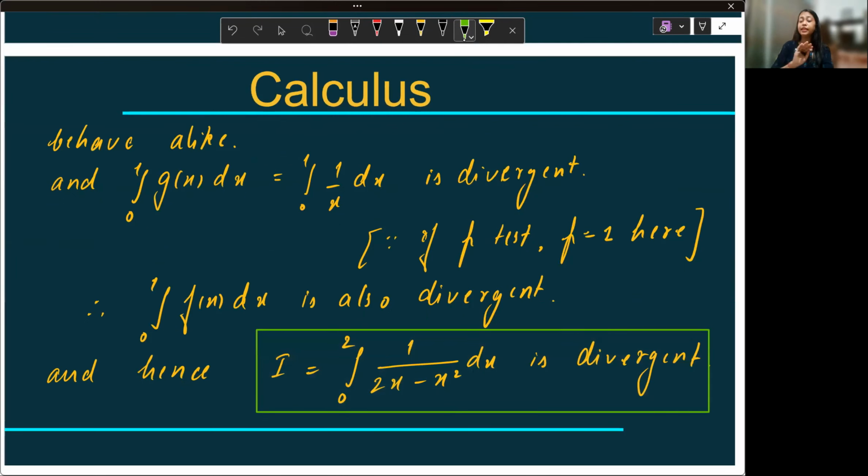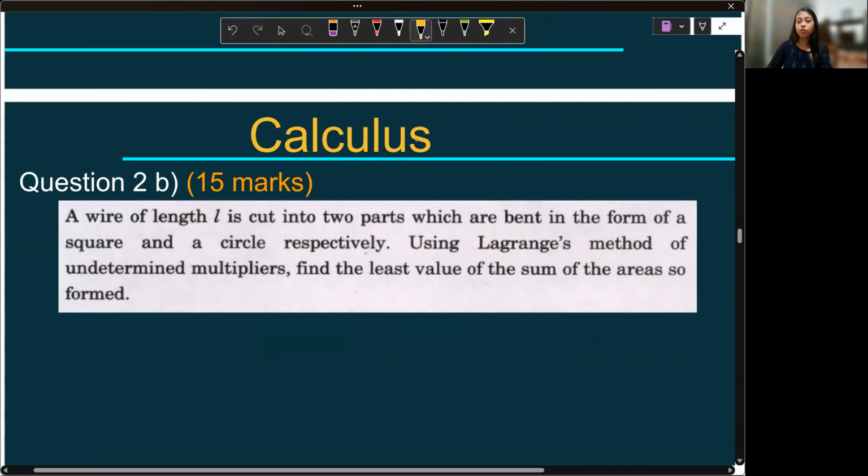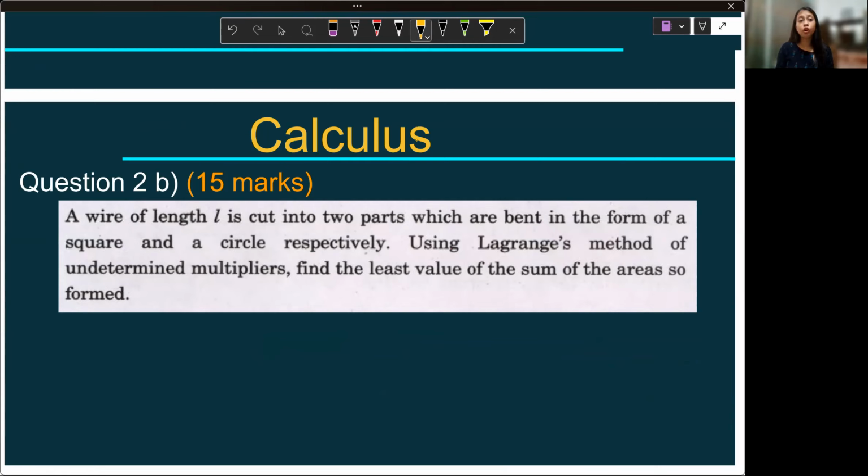Next. So the mandatory section was over. Now we have the second question, for 15 marks. This was Lagrange's method of undetermined multiplier. I always say this in the class as well, that some of the topics are fixed. Like in calculus, some topics are fixed, and from these sections you will definitely have a question. For example, take the subjects that students are usually afraid of, like statics and dynamics, the physics portion.